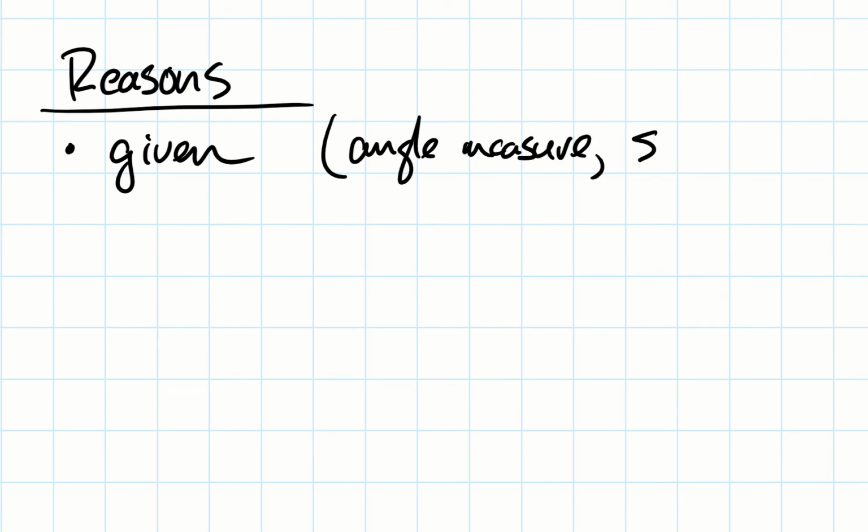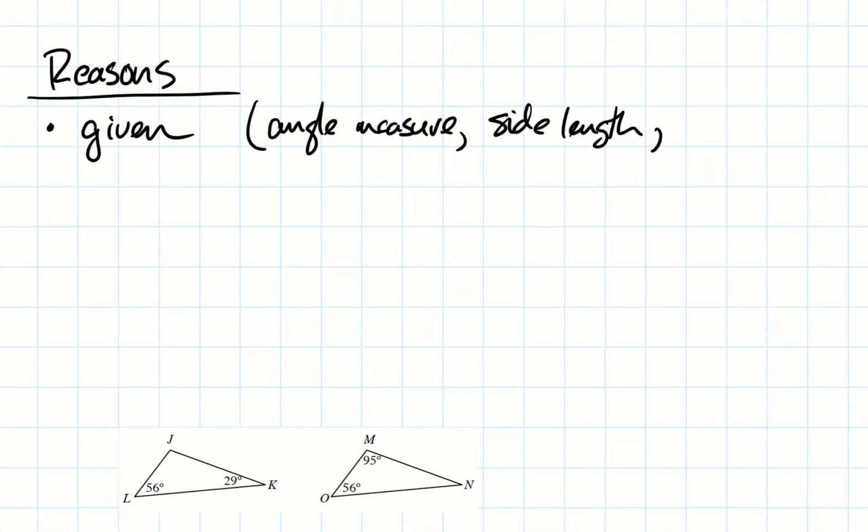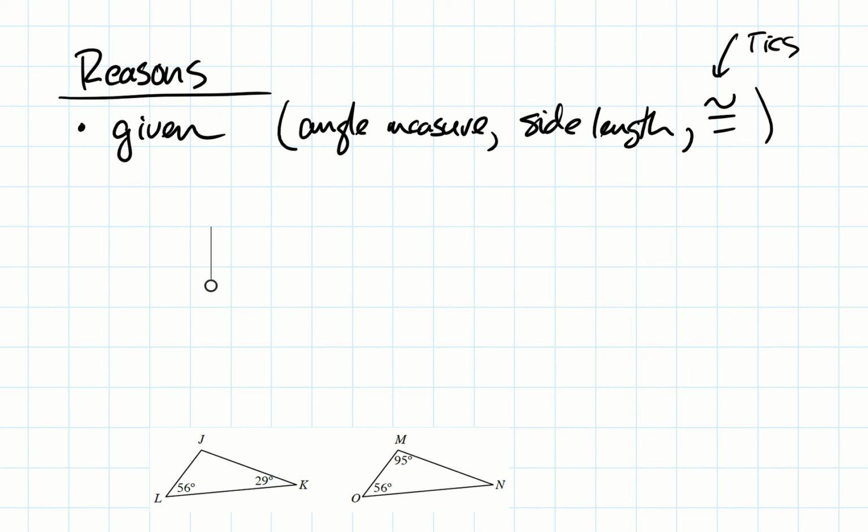I might be given a side length. I could be given that things are congruent, I could be given congruence, like just when you read it from the diagram, you see the tick marks. So that's something that's pretty straightforward.